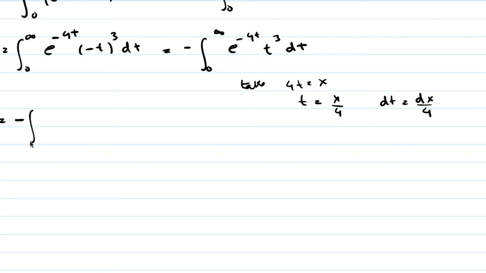Going to be minus the integral from 0 to infinity of e raised to, instead of minus 4t, we know that 4t is equal to x, so it's going to become minus x. And then I'm going to have here t raised to 3, which is now replaced by x divided by 4 raised to 3. dt becomes dx divided by 4.